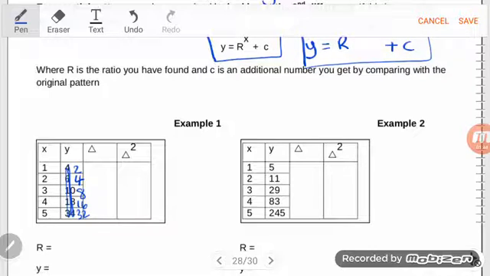Like with finding a linear pattern or even parabolas, quadratic patterns, we're going to look for some common differences. However, unlike a linear one and more like a quadratic one, we will be looking at a second difference. So let's have a look. Here, the first difference is 2, the next one is 4, 8, and 16.